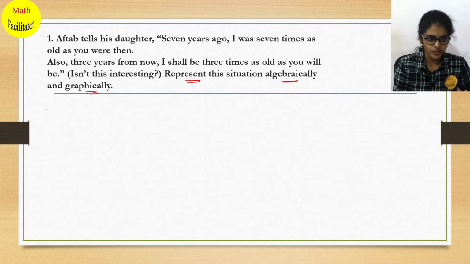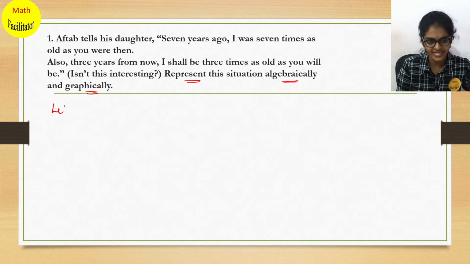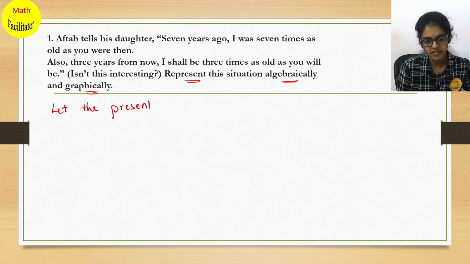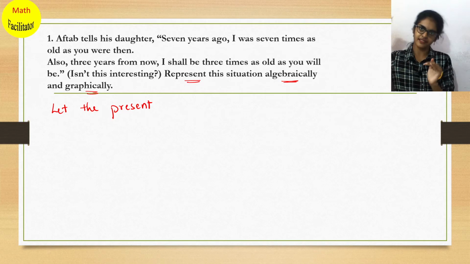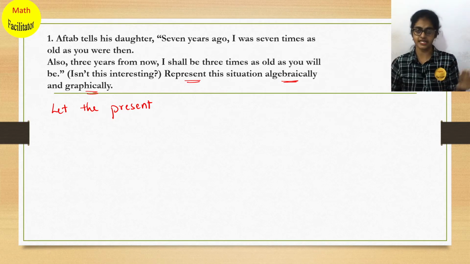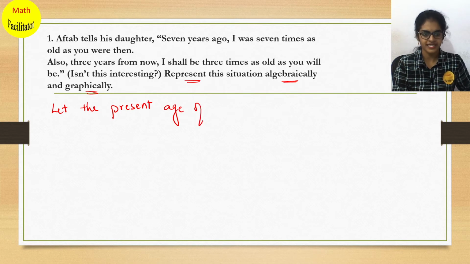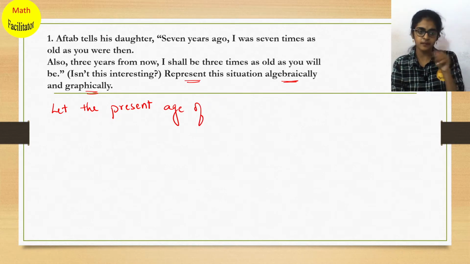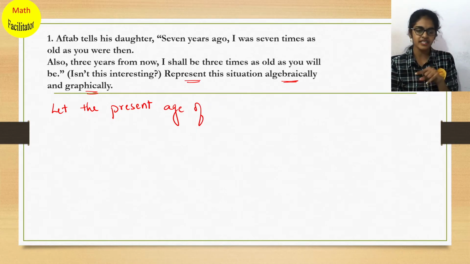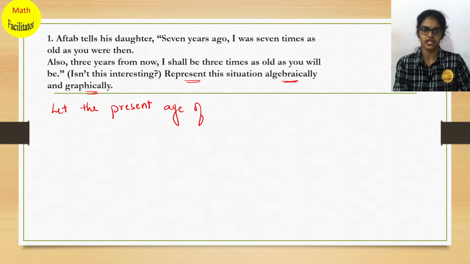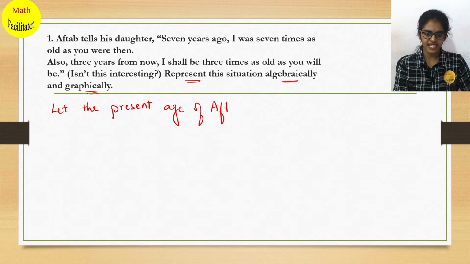So whenever you have this problem, you will just take the present age, okay? You have a comparison with the present age and the future and the present age and the past. See here, Aftab tells his daughter, 7 years ago I was 7 times as old as you were. So let us take Aftab's age.